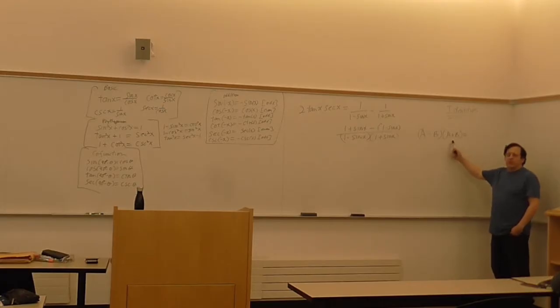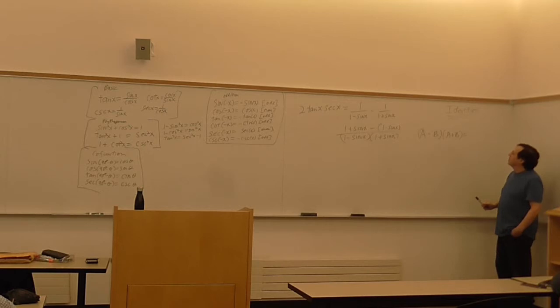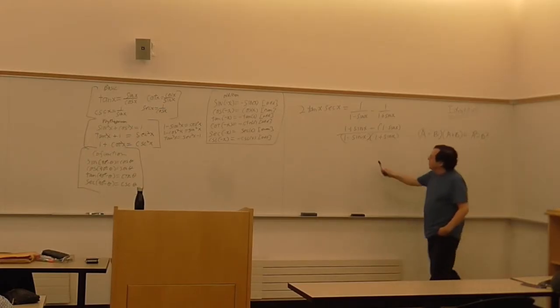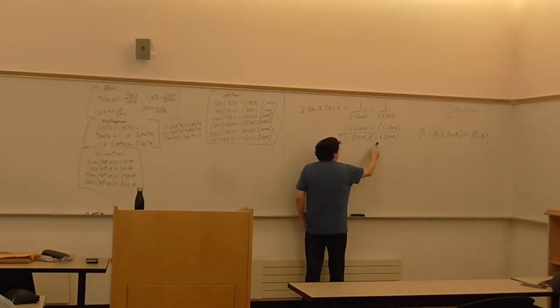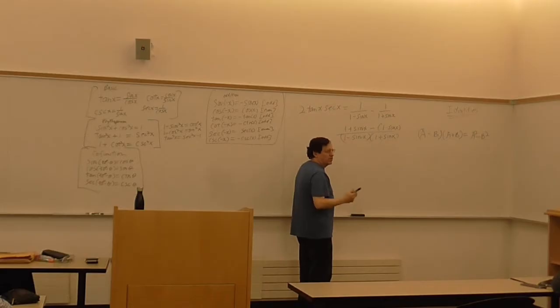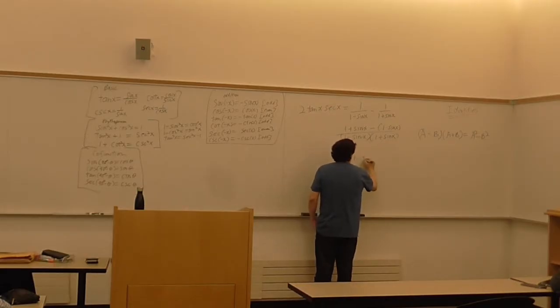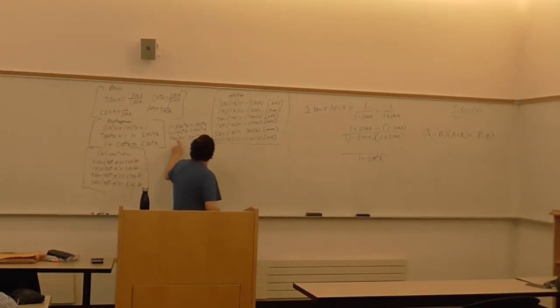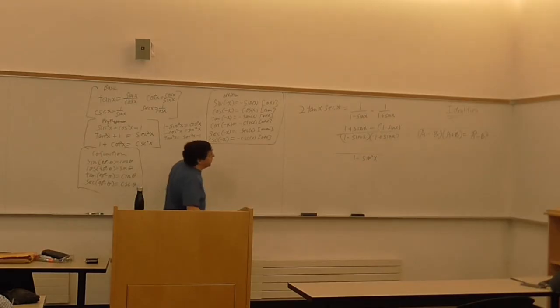If you don't know this, you're in trouble. Come get help. This is, of course, a squared minus b squared. So 1 minus sine of x times 1 plus sine of x is going to be 1 minus sine squared x, which I know is going to come in handy here.